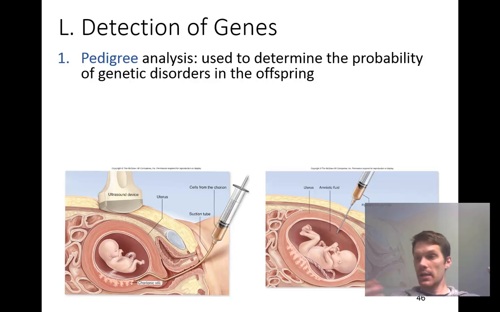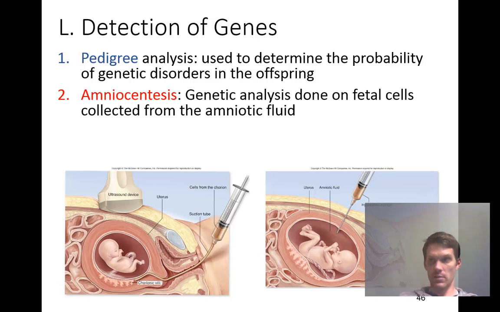One thing we can do is detect genes in utero, in the uterus before a baby is born. There are three different ways to do that. One is pedigree analysis: by looking at the traits of the parents and the grandparents and so on, you can come up with some probability of having certain traits. Another is amniocentesis, where fetal cells are collected from the amniotic fluid.